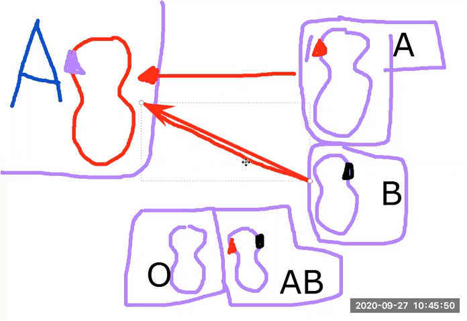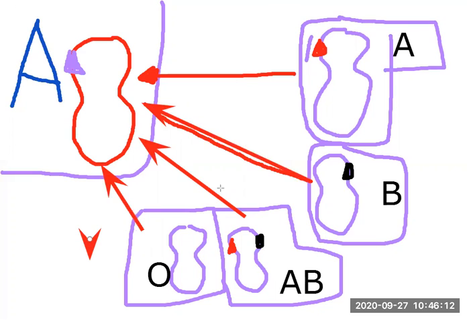He doesn't know B. That's why he considers B as an antigen. If AB blood group person is given blood to A, he considers B as an antigen. When O blood group person is given, any problem? Not at all. Why? Because that O blood group person is not having anything.